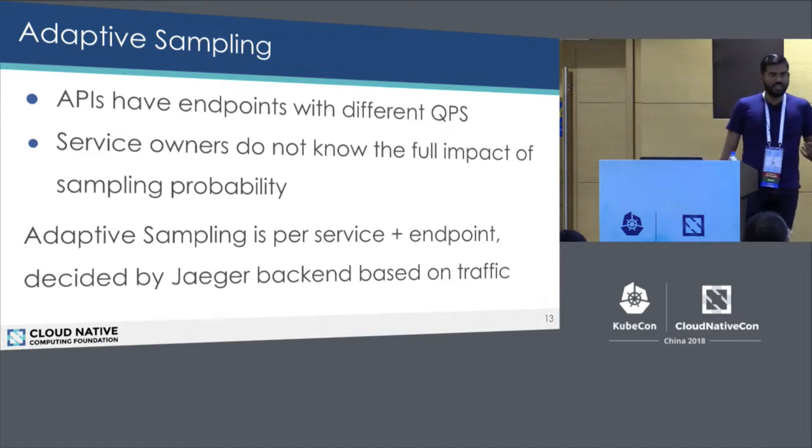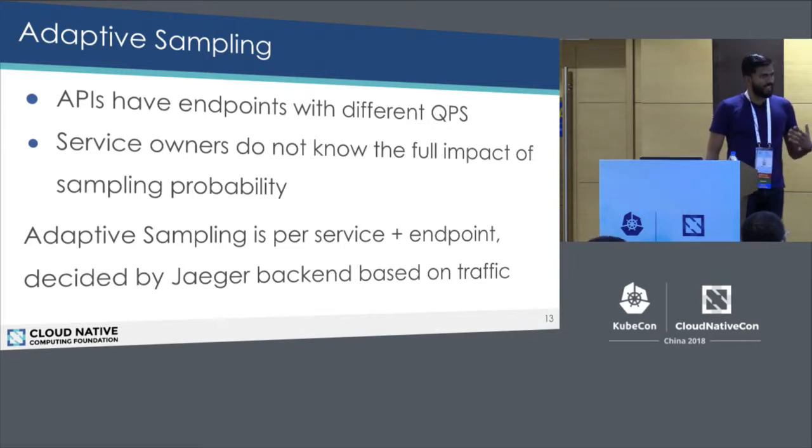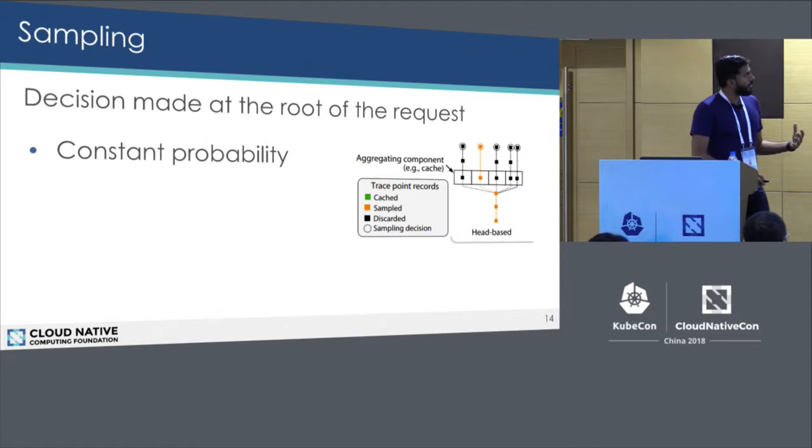In any given API, any service you're running, you have differences in terms of what traffic hits what endpoint. What that means is a GET endpoint for a user might get a lot more traffic than a POST endpoint. The problem with this is that sampling works like this. Sampling is a decision to store the trace, and it is taken at the first edge.